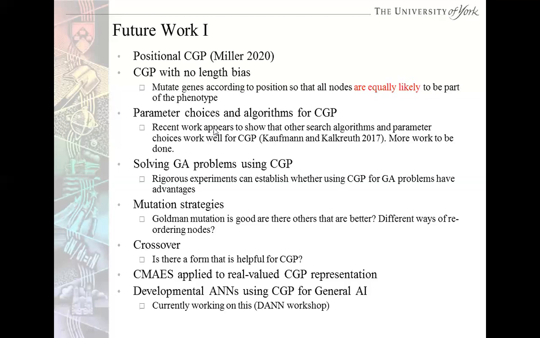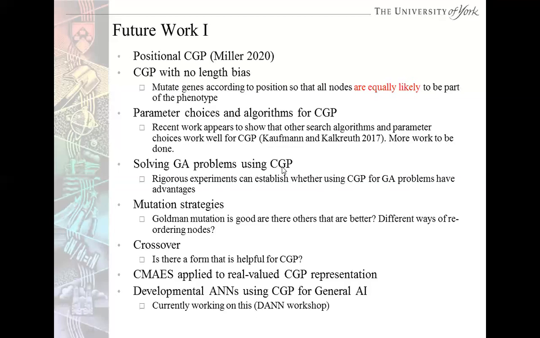There's been quite a lot of work on parameter choices and algorithms for CGP, by Kaufmann and Kalkreuth, and I think there's more work that needs to be done there. But I remember them finding that simulated annealing works quite well with CGP. So maybe a different algorithm is best.